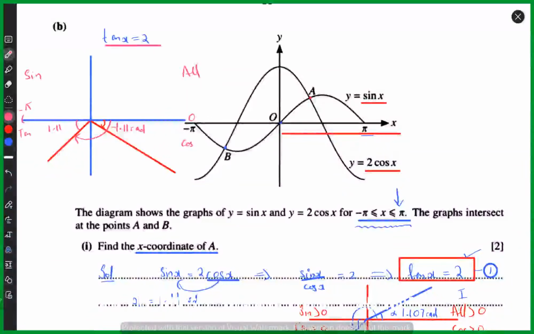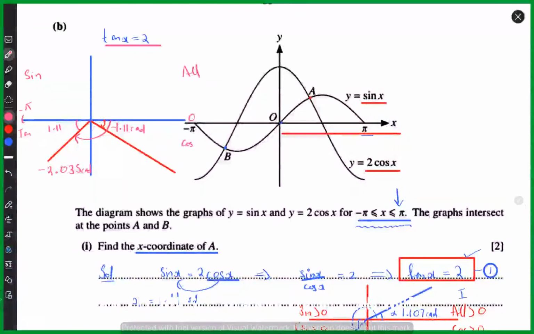It's pi minus 1.107, because this was the angle originally. This is the value of x. I got 2.035 radians, and again it is going to be negative.